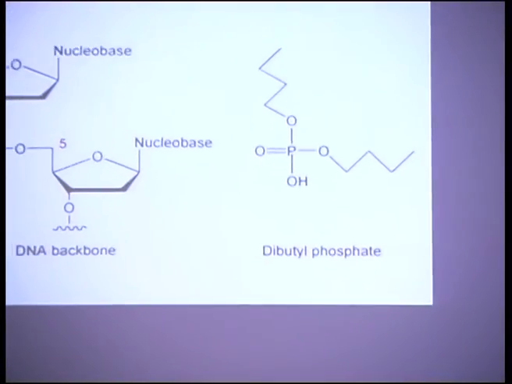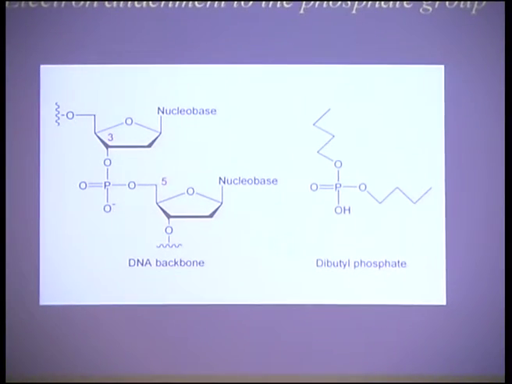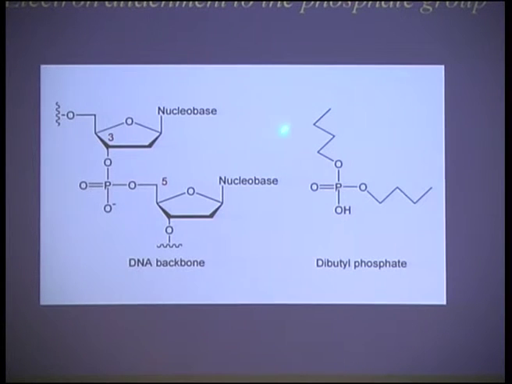Okay. Finally, electron attachment to the phosphate group. This is a phosphate group coupled to the neighboring bases. We investigated this as a model compound for the phosphate group in DNA.